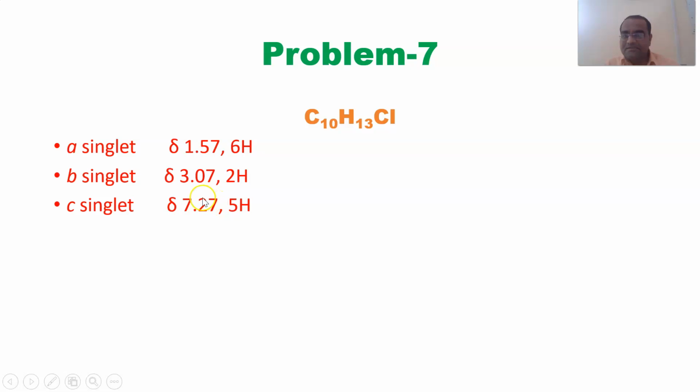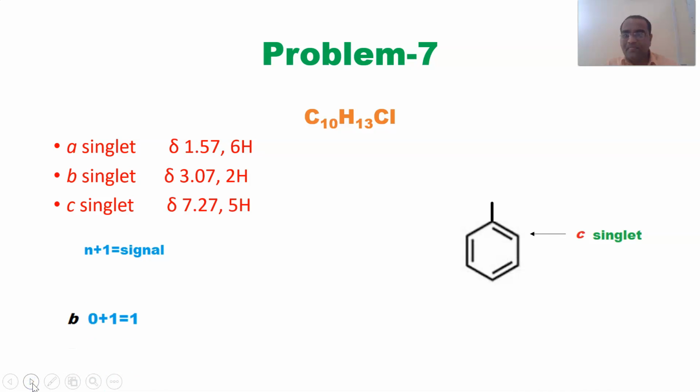And after that, singlet 7.27 delta value and 5H. So from this it has been understood that it is having a benzene ring, a benzene ring with one substitution as it is 5H. Now we'll come towards the signal of B, that is giving a singlet. It means that the adjacent carbon does not have any hydrogen.